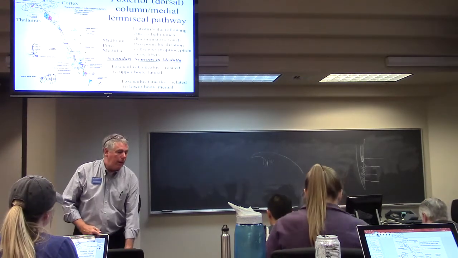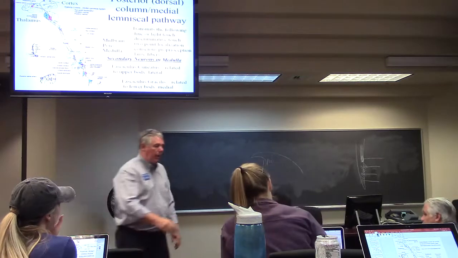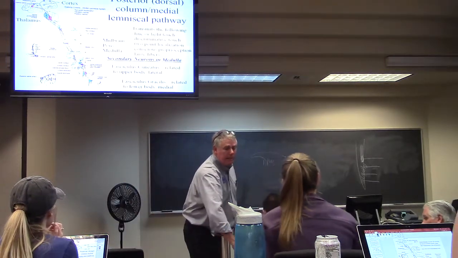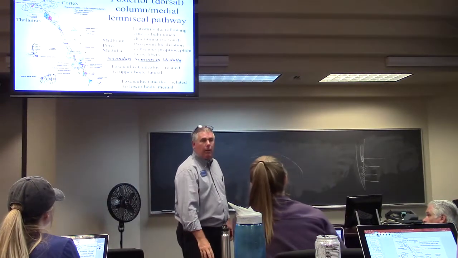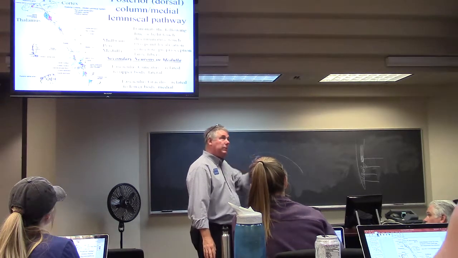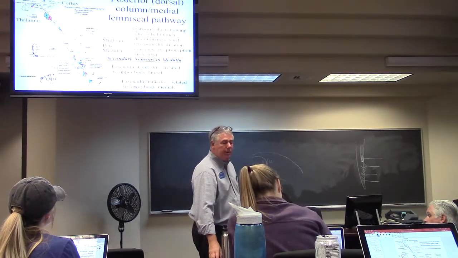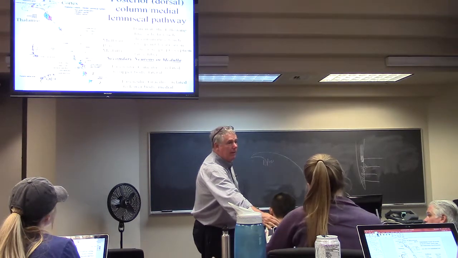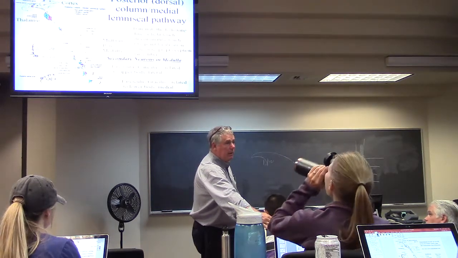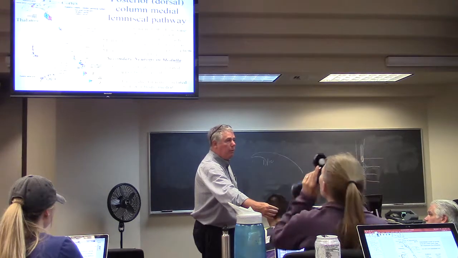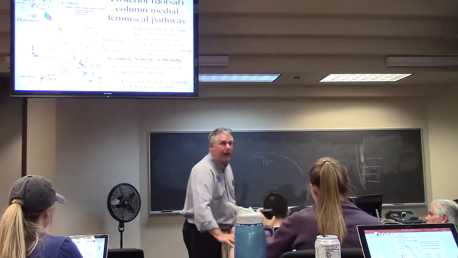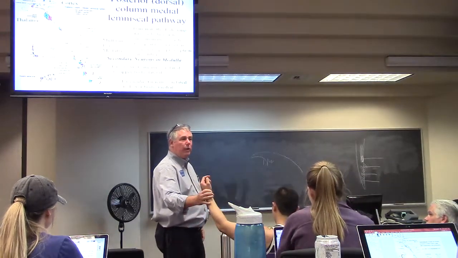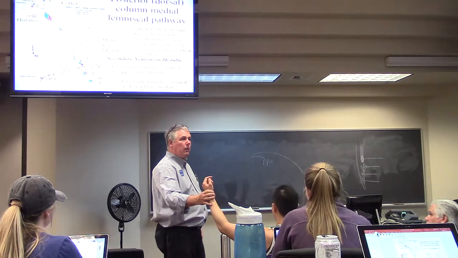So, I touched Andrew's left hand. That sensory information, because this is touch, right? That sensory information came in to his dorsal column on that side, the same side. It went up to his medulla. Since it's his hand, is it gracilis or cuneatus? It's cuneatus.